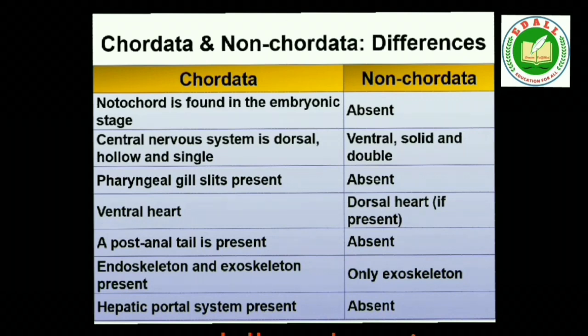Pharynx is perforated by gill slits in chordates, while in nonchordates gill slits are absent. 4. Heart is ventral in chordates, while in nonchordates heart is dorsal, if present. 5. A postanal part, tail, is present in chordates, while in nonchordates postanal tail is absent.